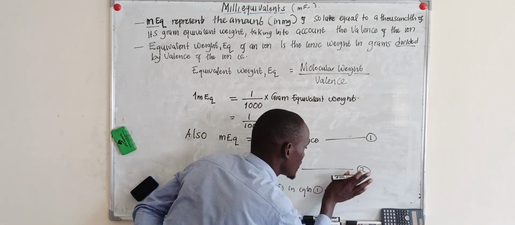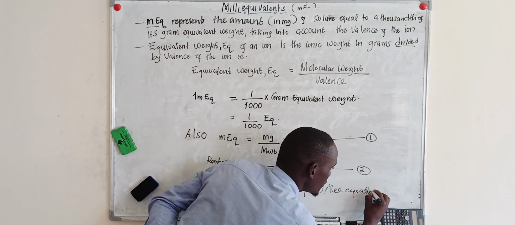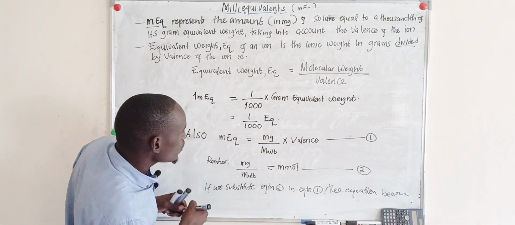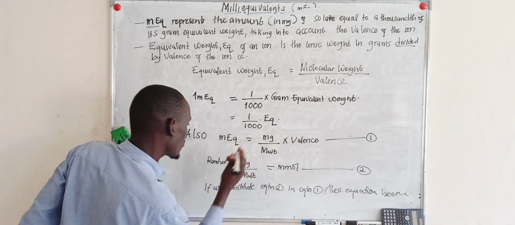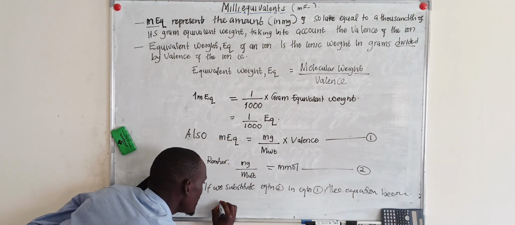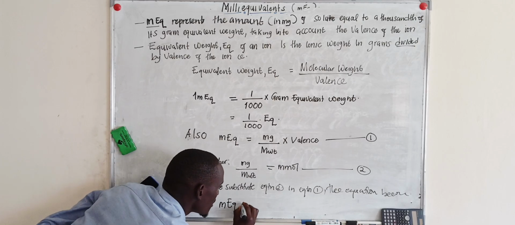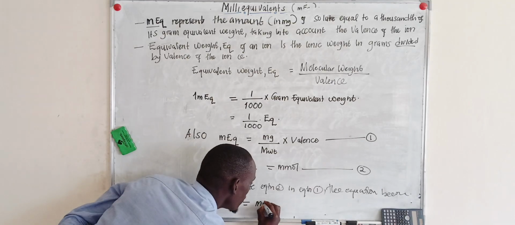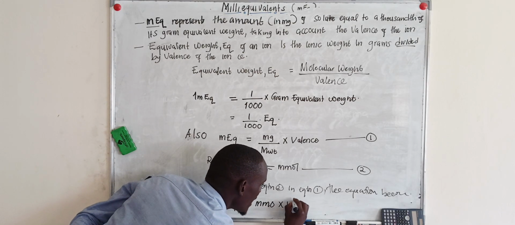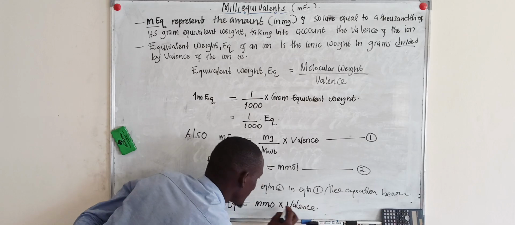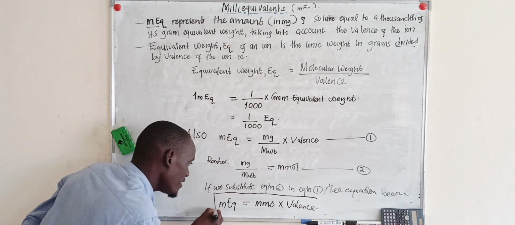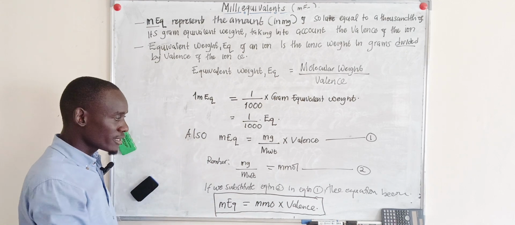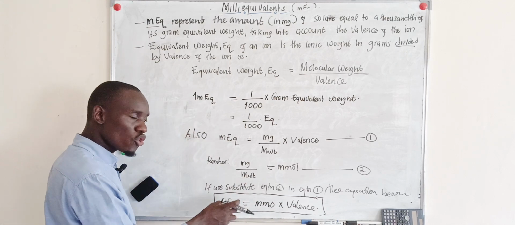The equation becomes, if we substitute this into this equation, we shall have milliequivalent being equal to, where there is mass over molecular weight, we shall put millimole being multiplied by valence, and at all times this equation should be at your fingertips because we are going to use it so many times.